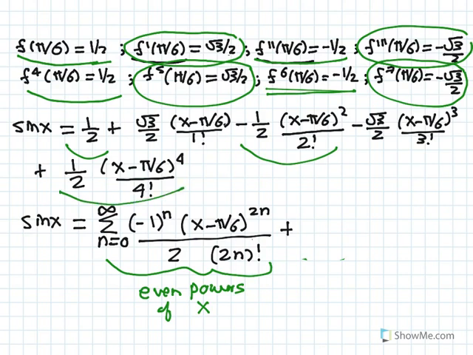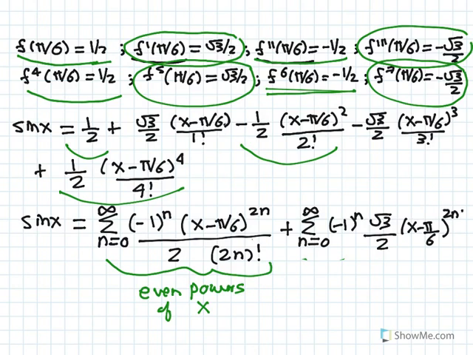Now, let's look at the odd powers of x. Summation, n equals 0 to infinity. We need to generate plus minus, so again, we use negative 1 to the power of n. And root 3 over 2, we're going to need this, times x minus pi over 6 to the power of 2n plus 1, all divided by 2n plus 1 factorial.